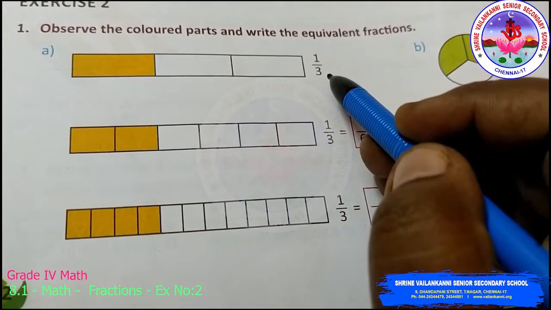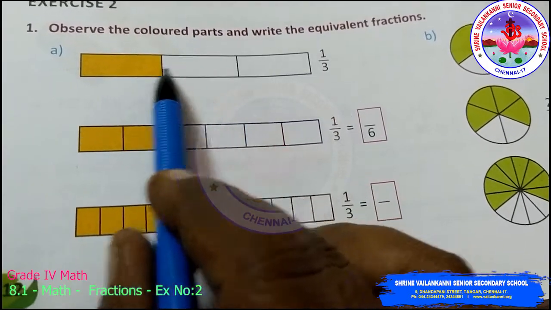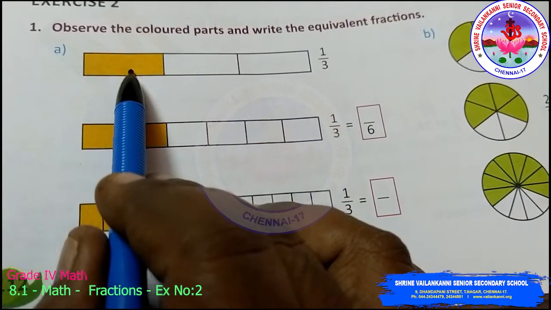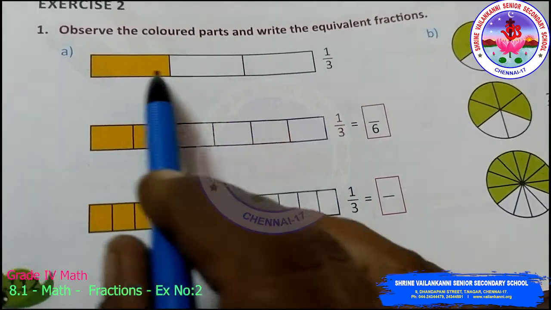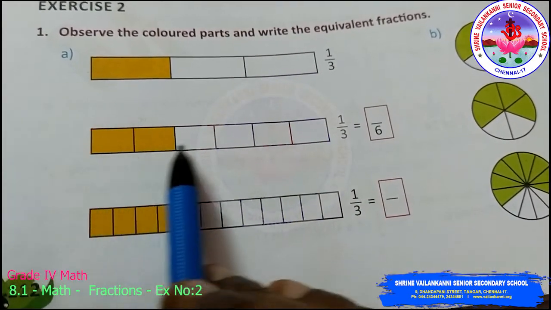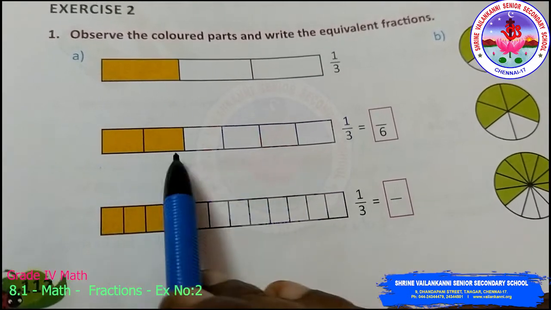The first picture is denoted as 1/3. The number of parts, 3, is the denominator, and the part which is colored is the numerator. Here, the same size of shape is divided into 6 equal parts.